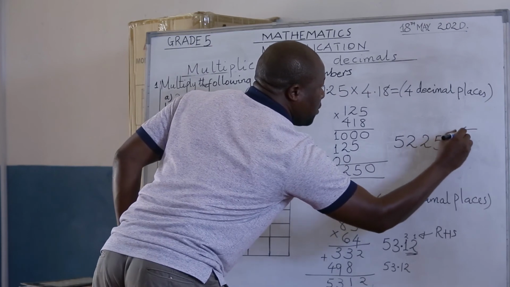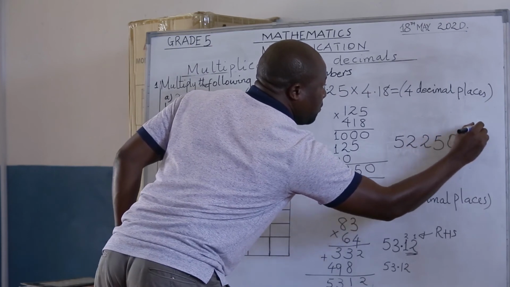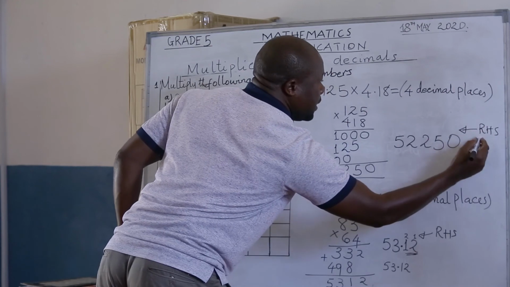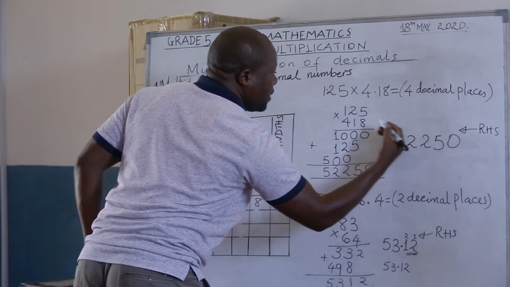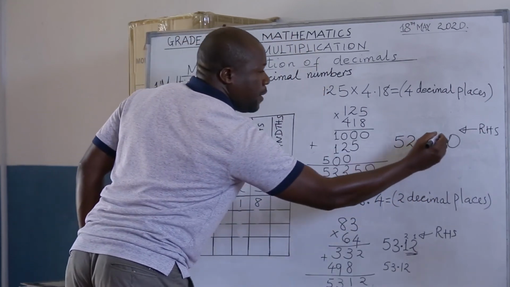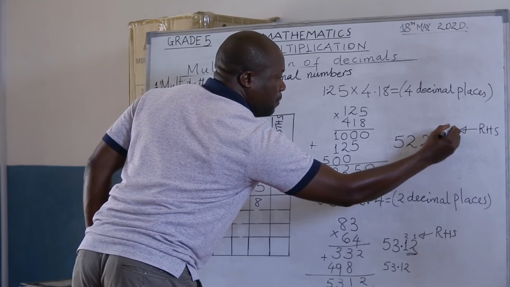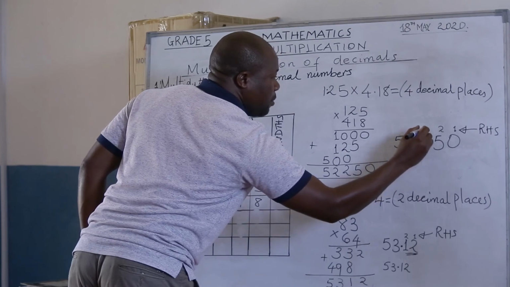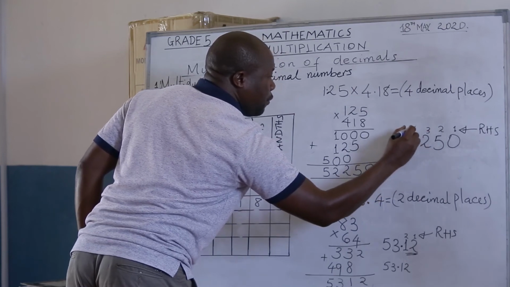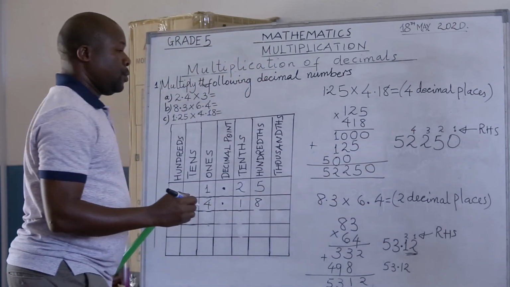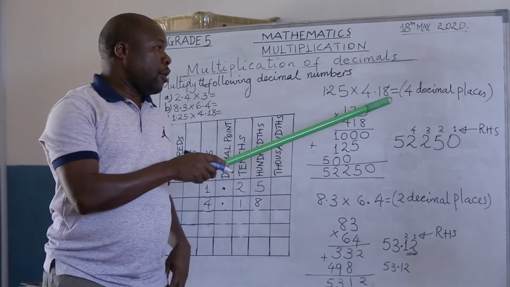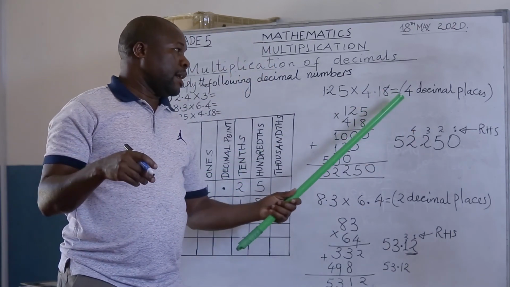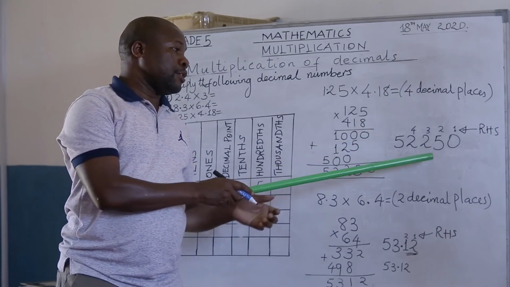Let us count the decimal places from the right-hand side towards the left-hand side. Our first decimal number will be 0. The second one will be 5. The third one will be 2. The fourth one will be 2. So, how many decimal places will my answer have? There will be 4.